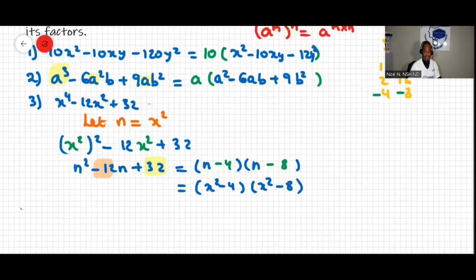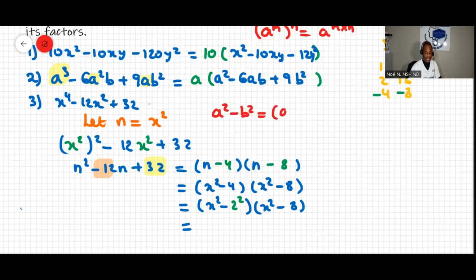Now notice that 8 here is not a square number, it's a cubic number, but 4 is a square number. Because 4 is a square number, we can apply a technique that we learned earlier, one of the forms of factorization, the one we call the difference of two squares. The difference of two squares says that if you have a squared minus b squared, this is equal to a minus b in the bracket like that, and then a plus b.